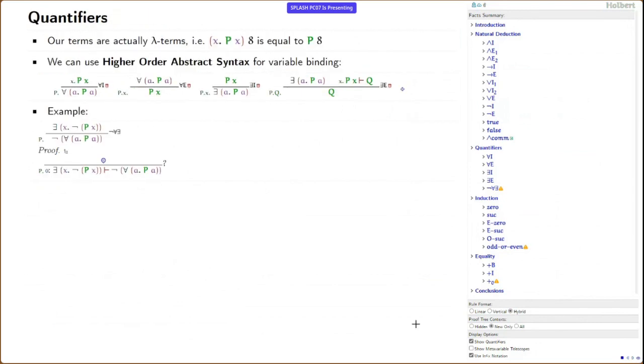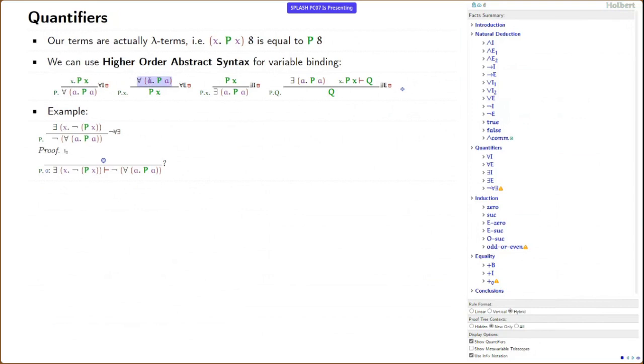So the terms here are actually lambda terms. For example, this is a lambda in Holbert: we have x. p x applied to 8. There's no lambda symbol. There's just a variable name followed by a dot, which is a binder. That means we can use higher order abstract syntax, that is, use functions to model the variable binding in, for example, rules for quantifiers.